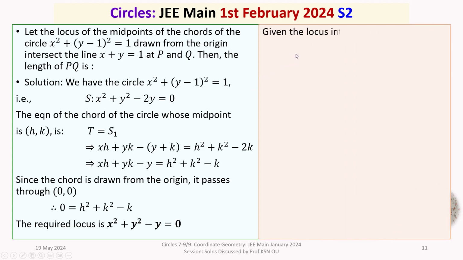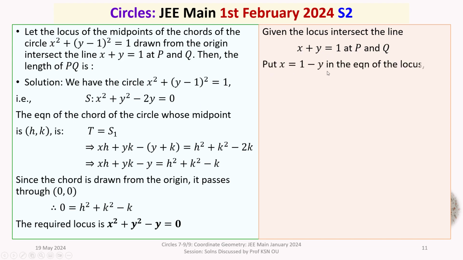Now this locus is intersecting the line x + y = 1 at P and Q. So now take x = 1 − y and substitute in the locus, and solve for y to obtain the points of intersection of the locus and this straight line.